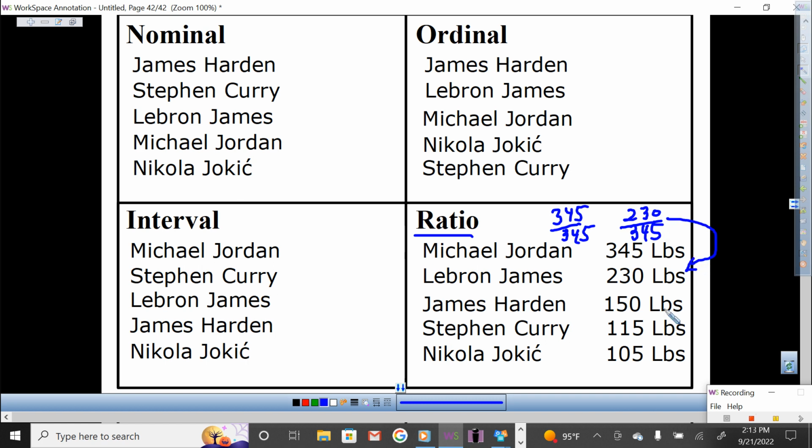That's LeBron. Tell your neighbor how to express James Harden as a ratio. Yeah, 150 over 345, and so on and so forth. When you can organize something from greatest to least using ratio, this is what we call classifying variables using ratio. Okay? All right. Think you got it, all 4 of them? All right, so here it goes.